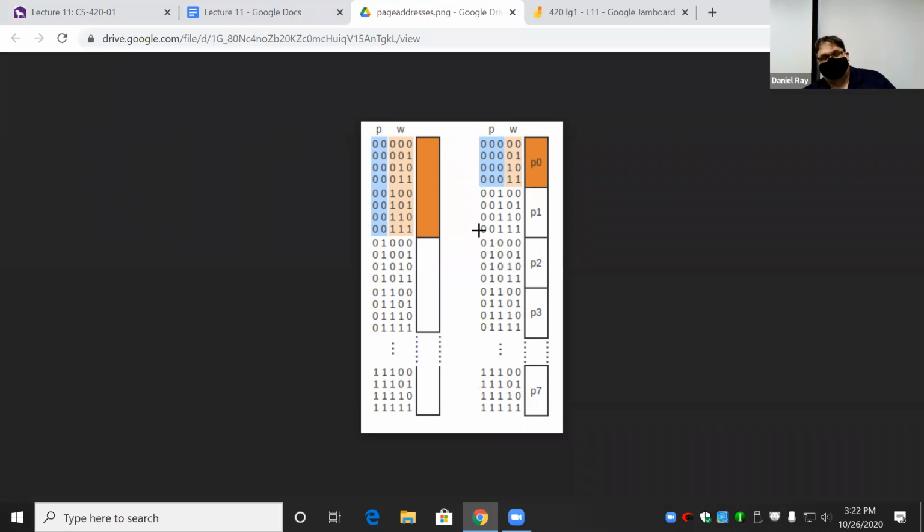And 00001 represents all 4 of the possible words in page 1. And 010 represents all 4 of the possible words in page 2.